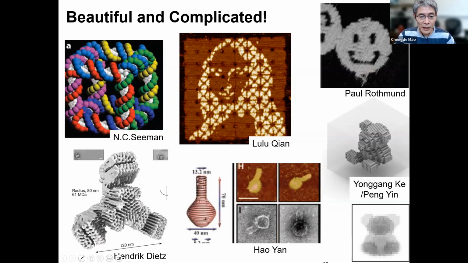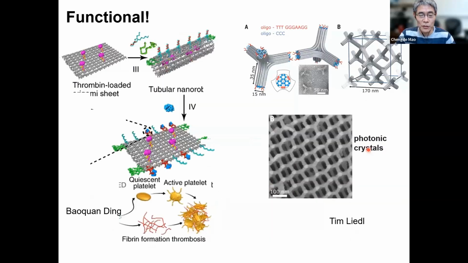Along this same idea, Hendrik Dietz built this very gigantic structure. Hao Yan made this very beautiful vase structure, and his lab is trying to build flowers. And Peng Yin at Harvard made this teddy bear structure, a micron-scale structure.